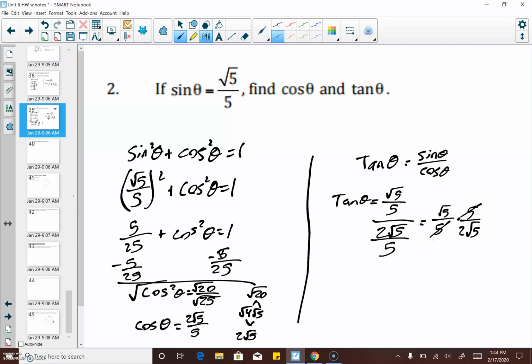Our 5s are going to cancel, and you should also notice that your square root 5s also cancel. Realistically, you end up with a tangent equal to 1/2. Not only did our regular 5s cancel out, but our square root of 5s canceled out. And again, you're not left with nothing on the top, you're really left with a 1 when things cancel each other out.